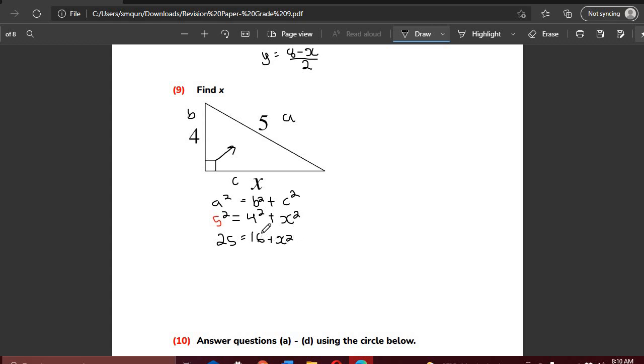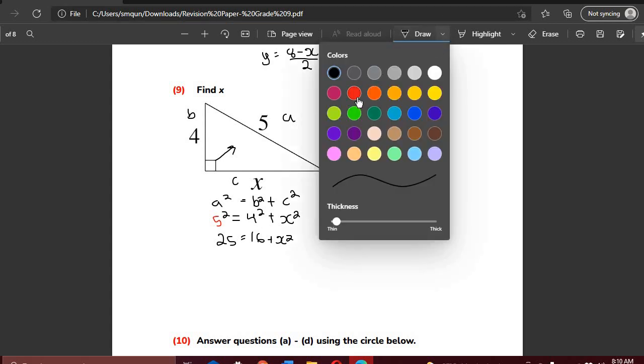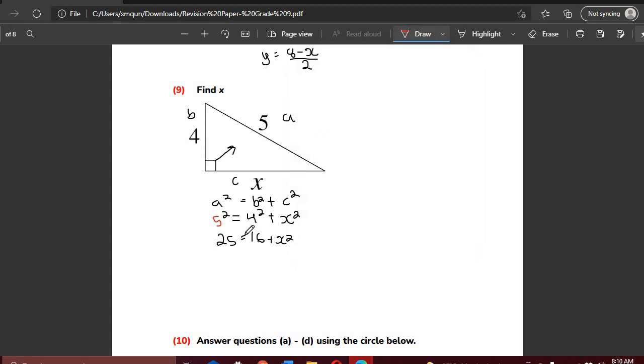Okay, so 16, we're going to have to figure out how to get rid of the 16 first. Since 16 is a constant, I'm going to write the sign that this 16 should have. Since there's no sign there, that means the 16 is positive, and I'm going to do the opposite, which is subtract. Then I'm going to do the same thing on the other side of the equation.